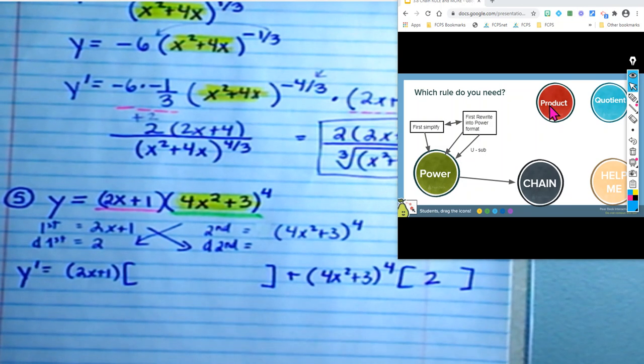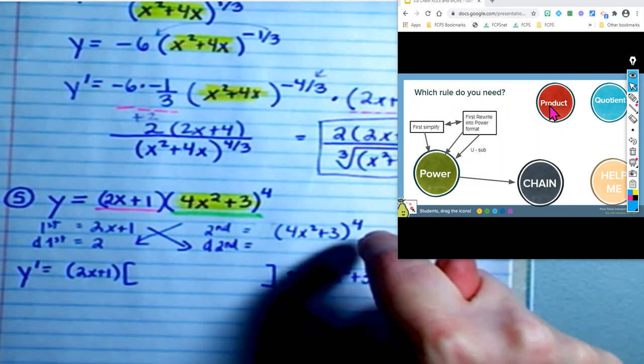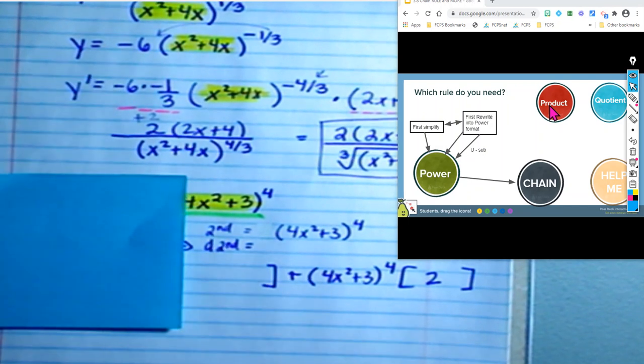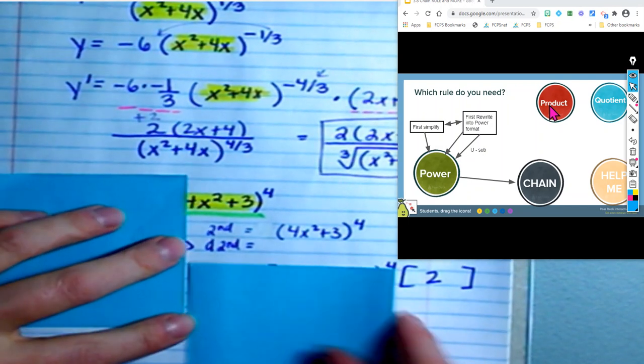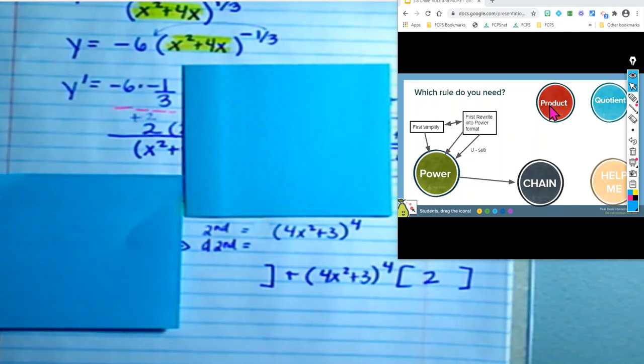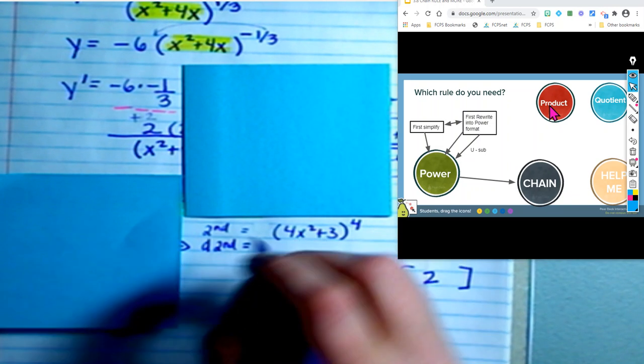Okay, that leaves us with the derivative of the second. And if I block out all these other things that I'm looking at here, how do I do the derivative of this? It's just like those problems that we started with.